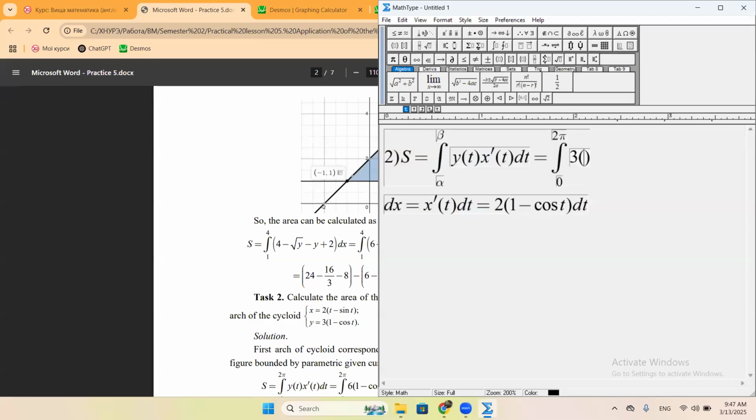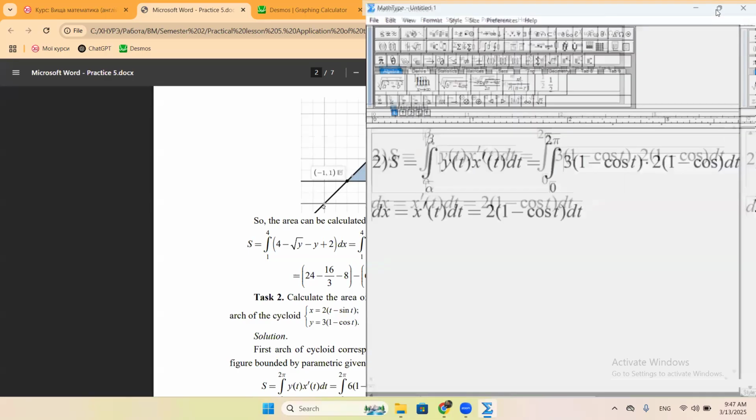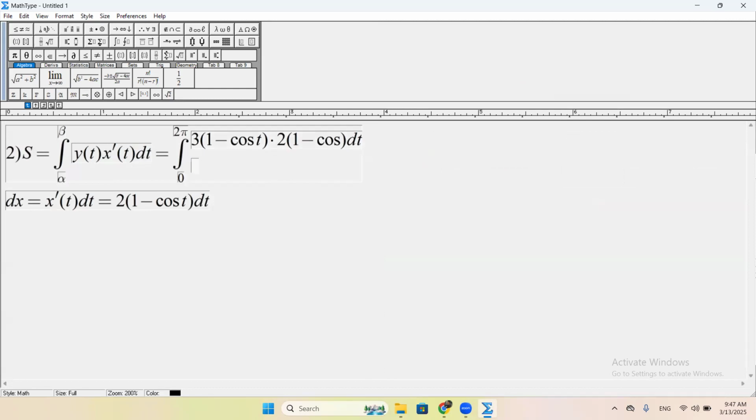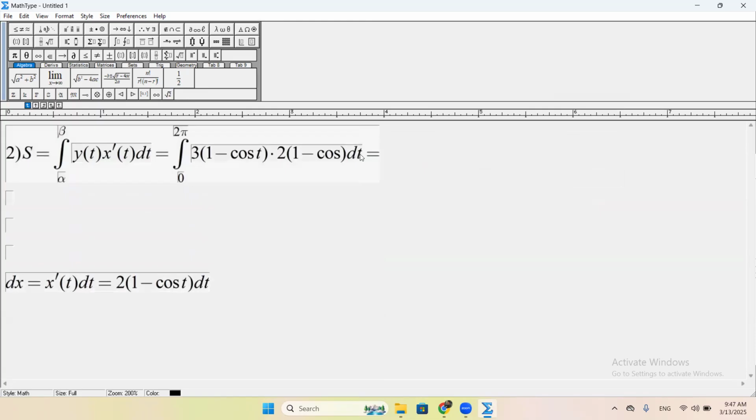First of all, 3 times (1 minus cosine of t), multiplied by 2 times (1 minus cosine of t) dt. Now let's write it in a more compact way. We'll have just a square, and now let's expand the brackets.